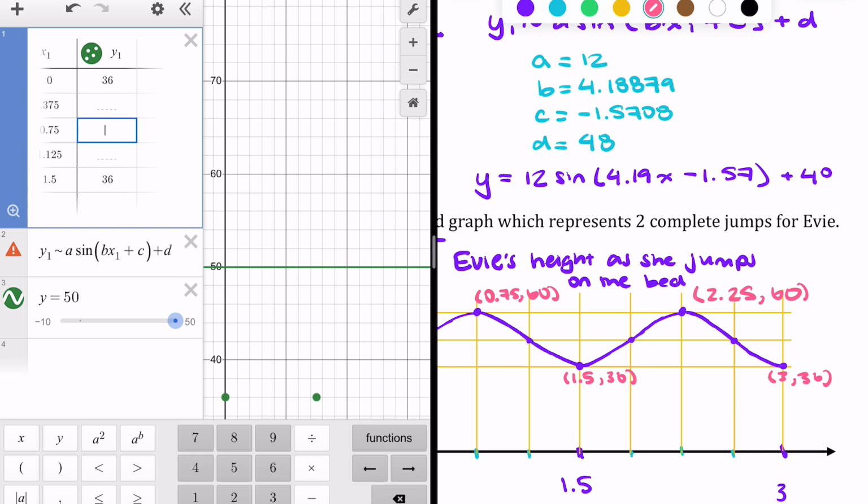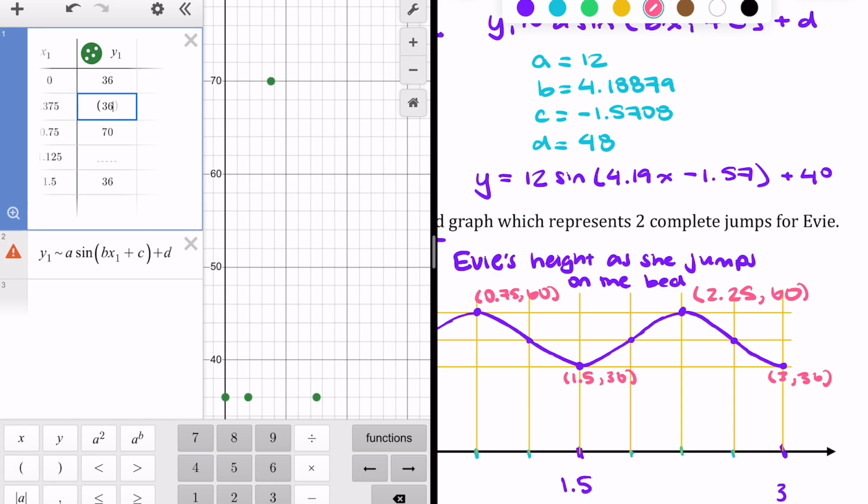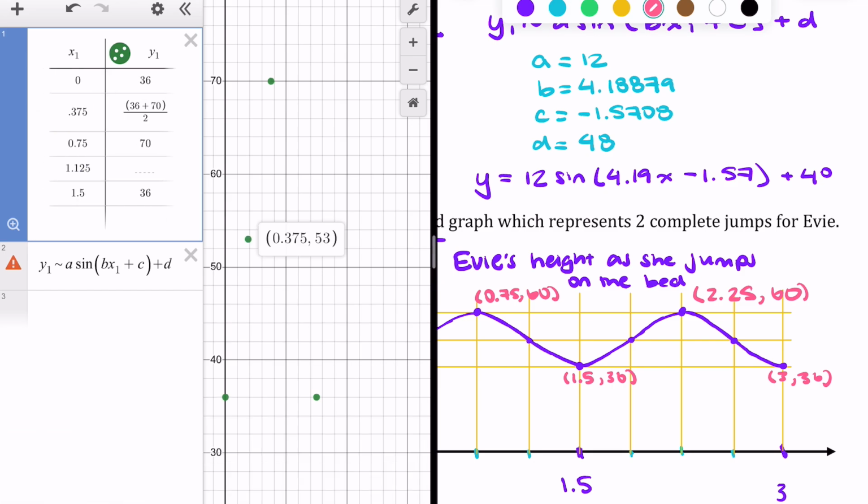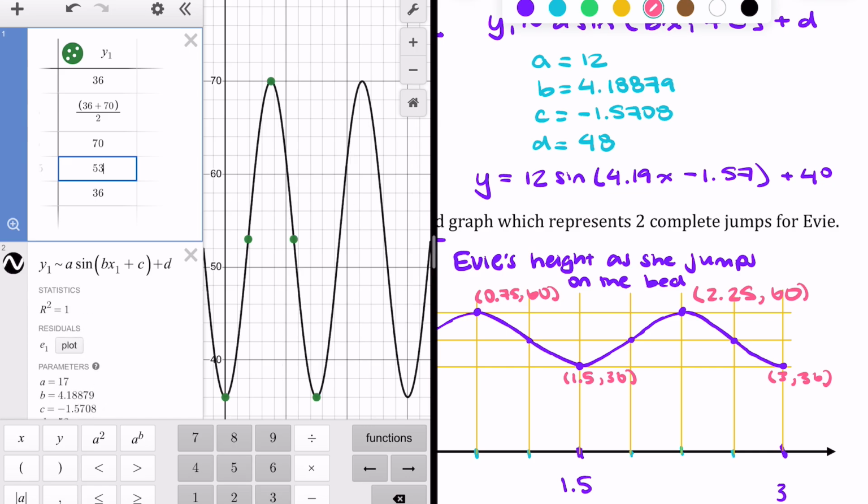And I don't know, let's say that max, instead of being 60, is 70. I would also have a new midline, right? The average between 36 and 70. And I could actually use Desmos to do that math for me. 36 plus 70. I take that answer and divide by 2. That ends up being 53. So I'm going to plug in 53 here.